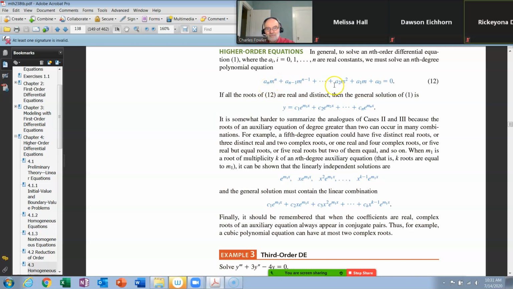It's a polynomial, okay? a sub n m to the nth power plus a sub n minus 1 m to the n minus 1 power all the way down to a sub 3 m cubed plus a sub 2 m squared plus a sub 1 m plus a sub 0 equals 0. Now, in general, that's not a particularly easy thing to solve.